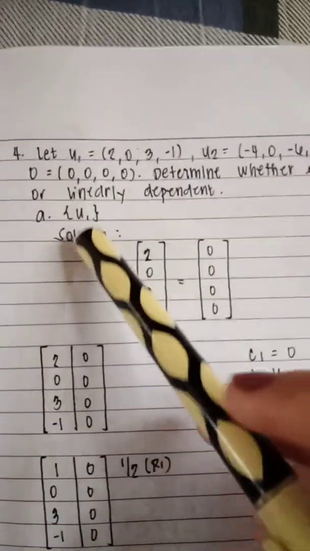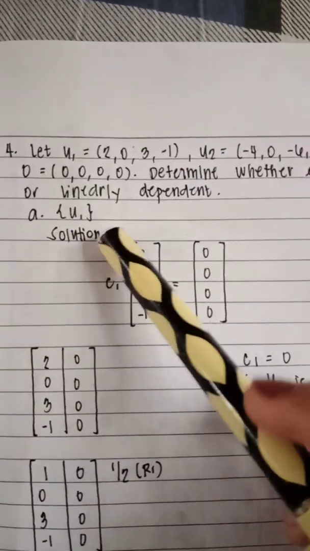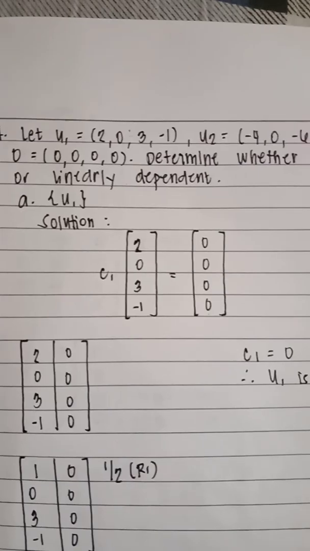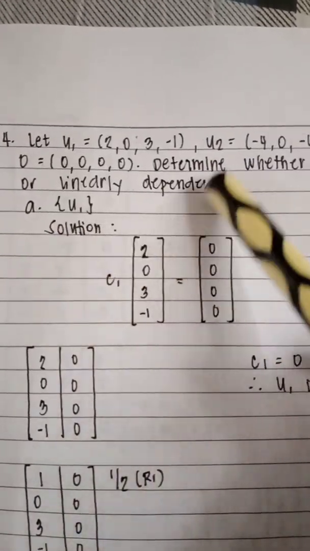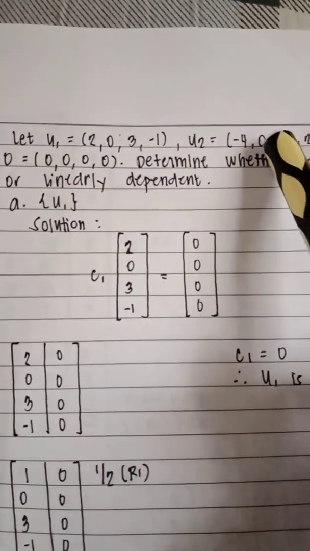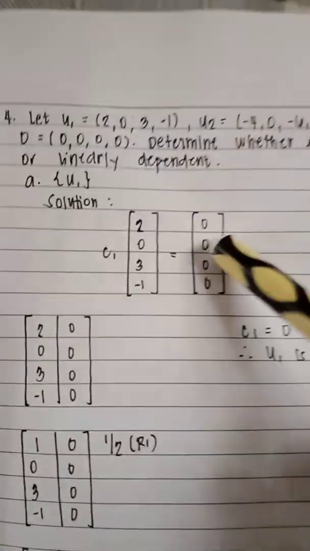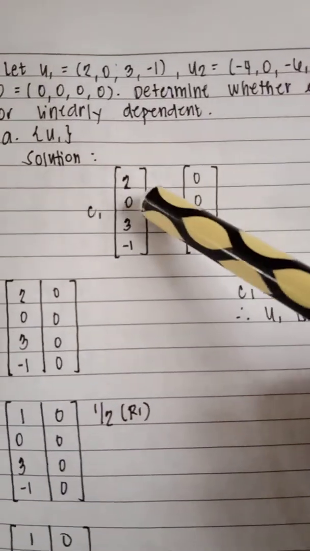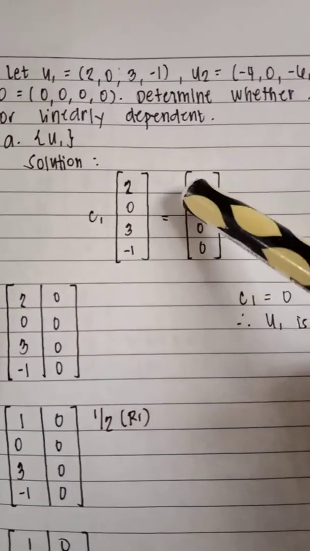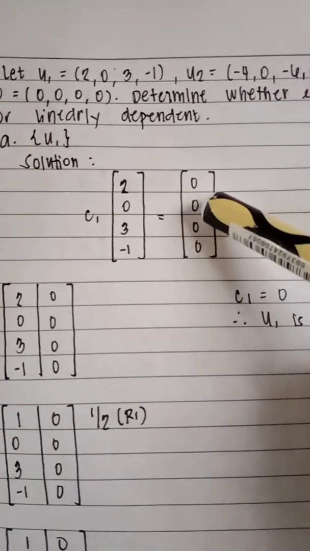So, letter A, set of U sub 1. Since our U sub 1 is 2, 0, 3, negative 1, our solution is C sub 1 times 2, 0, 3, negative 1, and we equate it to 0, 0, 0, 0.